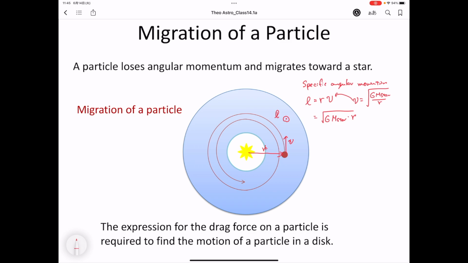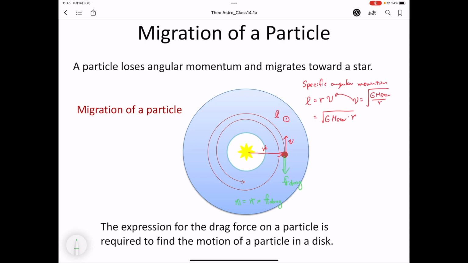The rotational velocity of gas is slower than the rotational velocity of solid particles. Then gas drag is acting on the particles. This is the drag force acting on the particles from the gas. Then you can calculate the torque. Torque N can be calculated as r cross F_drag.